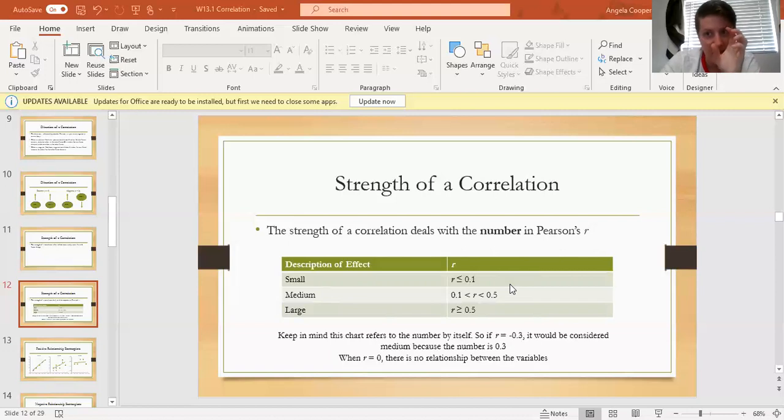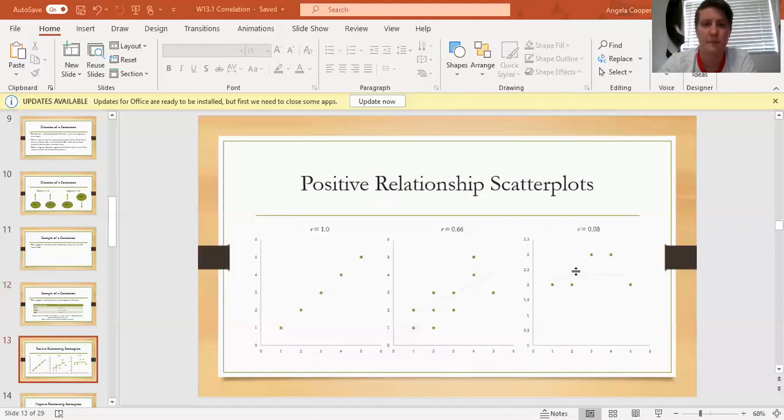It's just the number, and 0.9 is a very strong, very large correlation. So only pay attention to the number for strength, because the sign, positive or negative, refers to the direction, not the strength. And when your Pearson's r is equal to 0, that means there's no relationship.